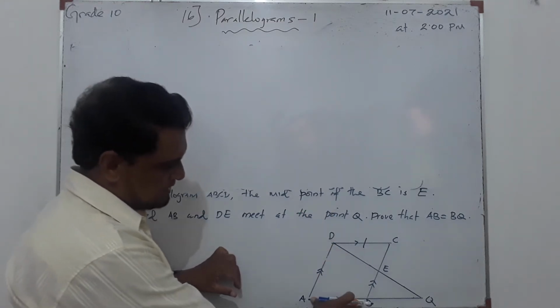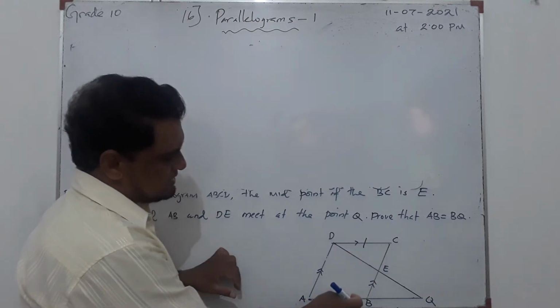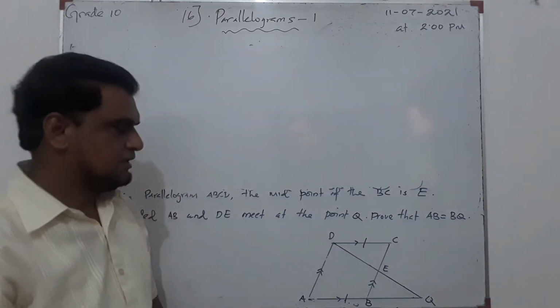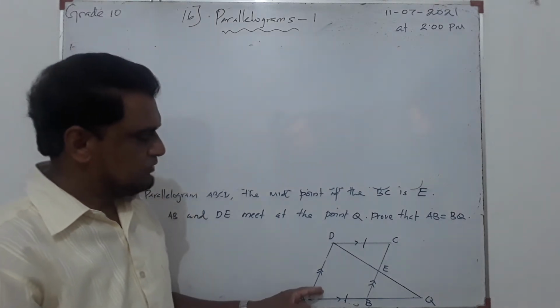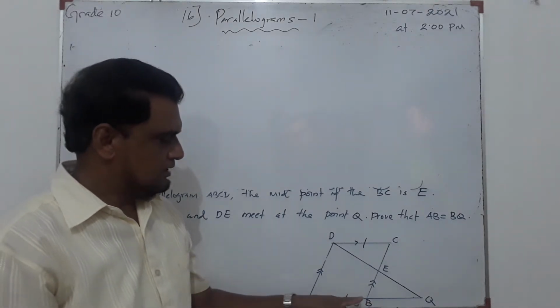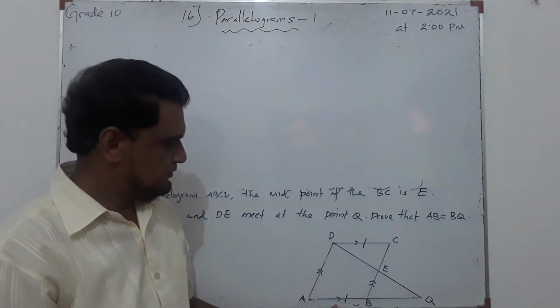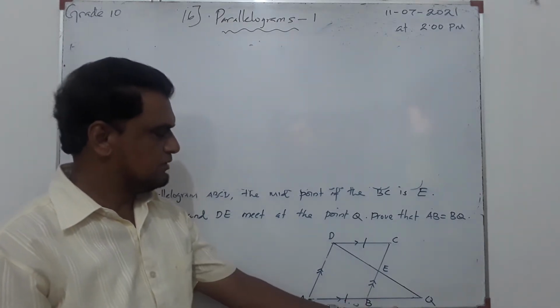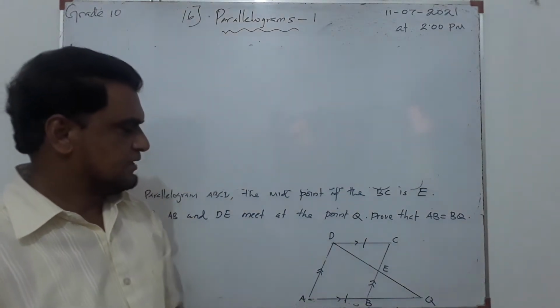Okay, the length of AB is equal to the length of DC. That means this mark is used. Okay, my dear students. Now if we want to prove that AB is equal to BQ, what we need to do here.